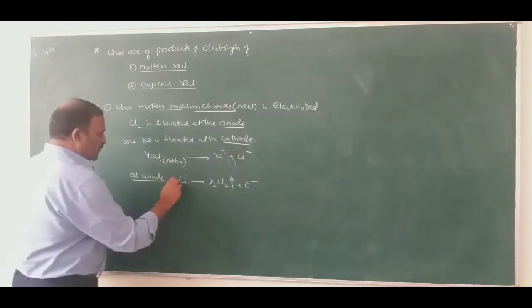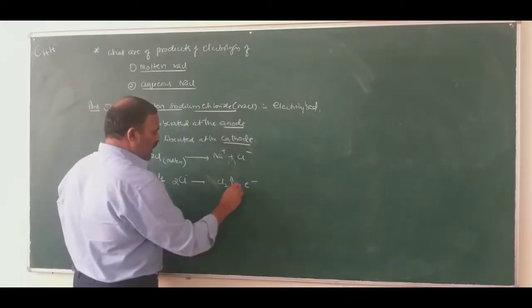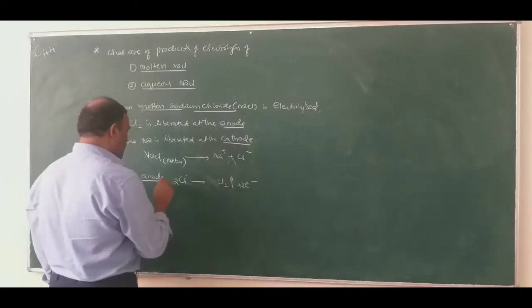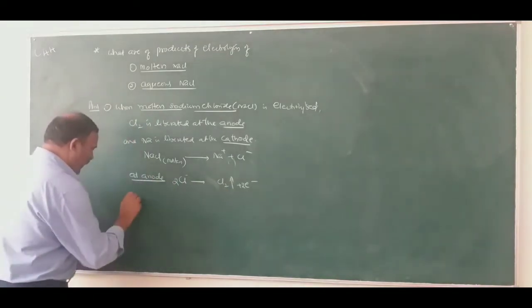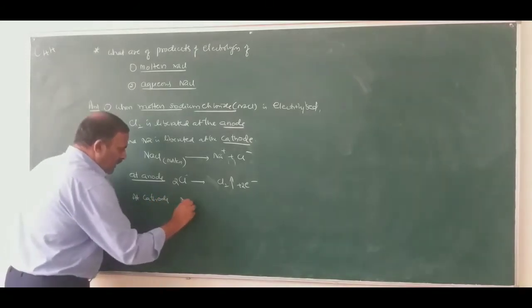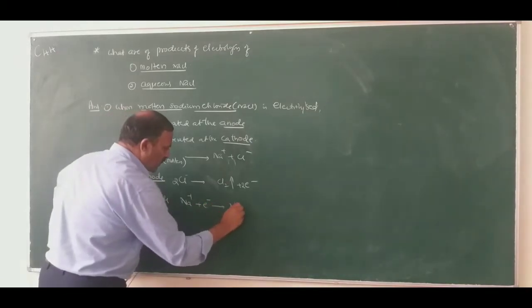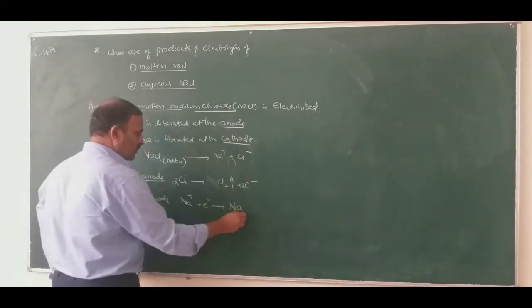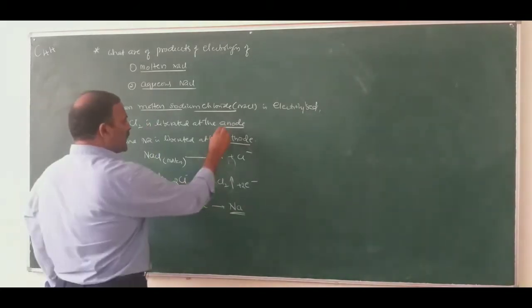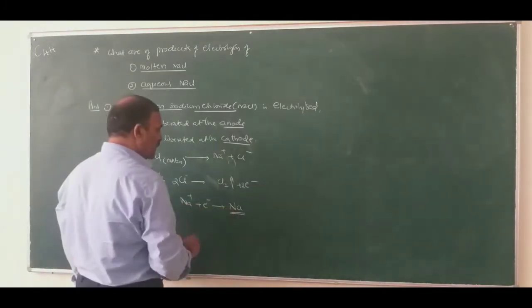Or otherwise, if two chloride ions move, they will form chlorine gas with the liberation of two electrons. Therefore, chlorine gas is liberated at the anode. So at the cathode, Na+ ions accept an electron and are converted into sodium atoms. Therefore, chlorine is liberated at the anode and sodium is liberated at the cathode.